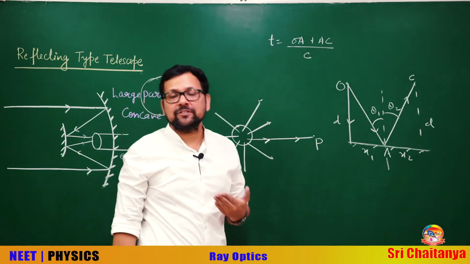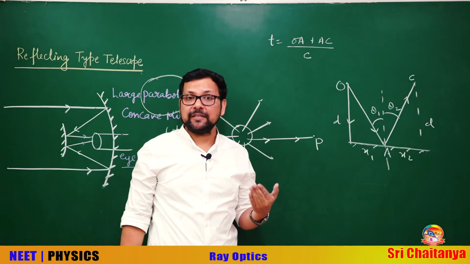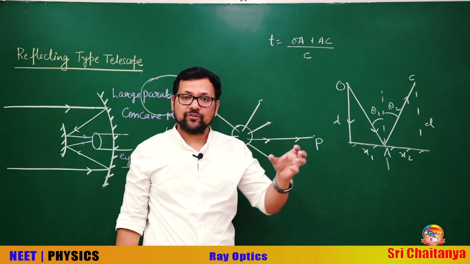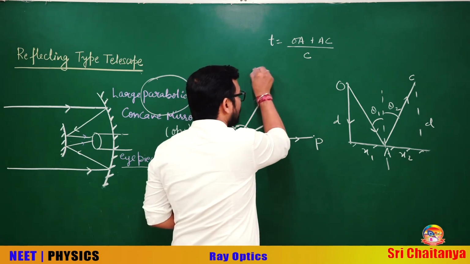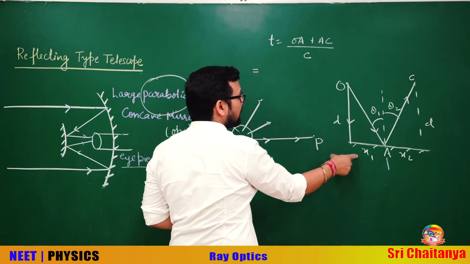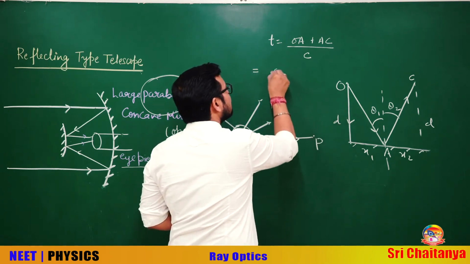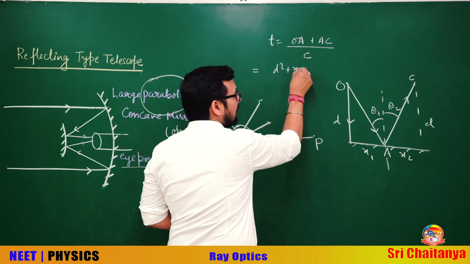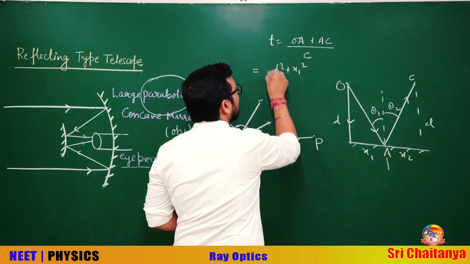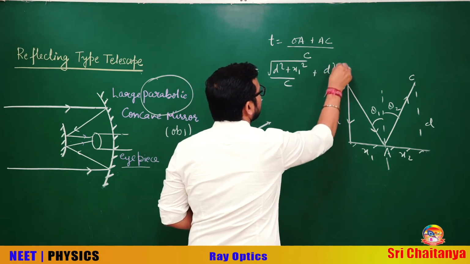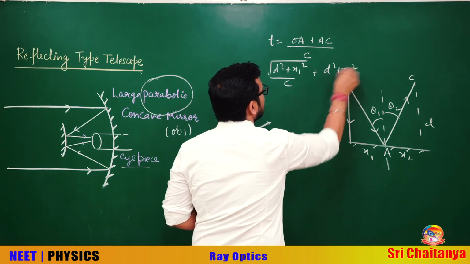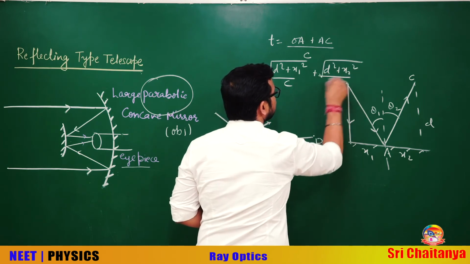Light moves in a straight line, so time is distance upon speed. What is OA? From this geometry, can you write OA as under root of d square plus x1 square, plus under root of d square plus x2 square, all divided by c?